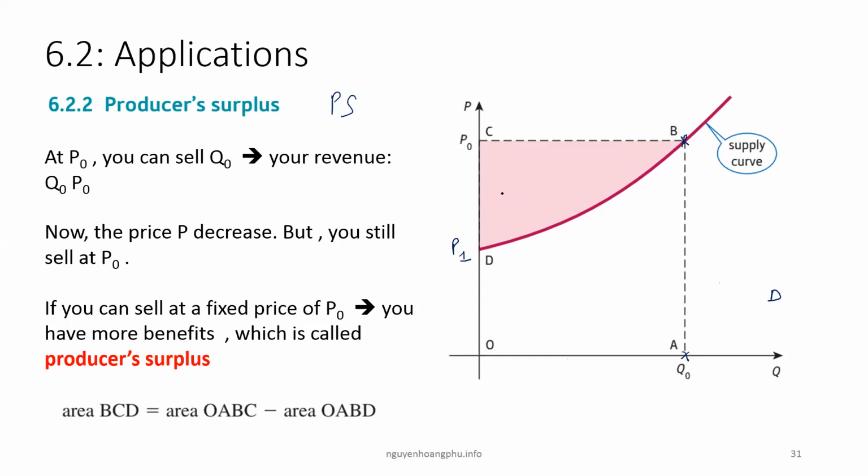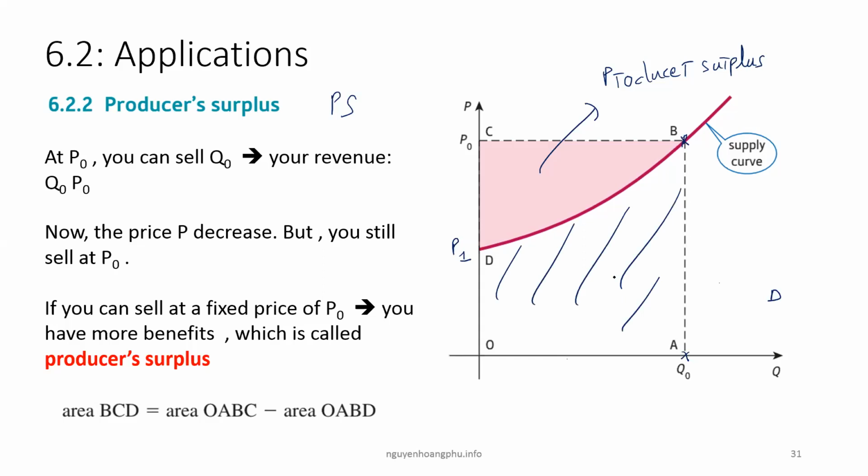However, this one is going to be the producer surplus. Because in fact, what you get should be this area.